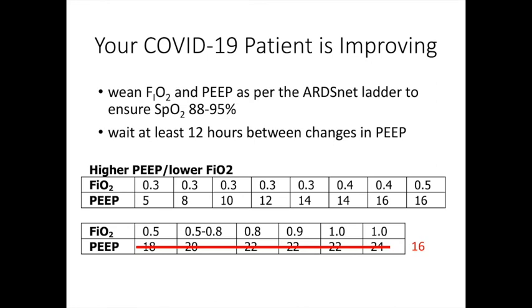As your COVID-19 patient is improving from a respiratory standpoint and requiring less support on the ventilator, you should wean the FiO2 and PEEP as per the ARDS ladder to ensure that the oxygen saturation is between 88 and 95%. Wait at least 12 hours between changes in PEEP.